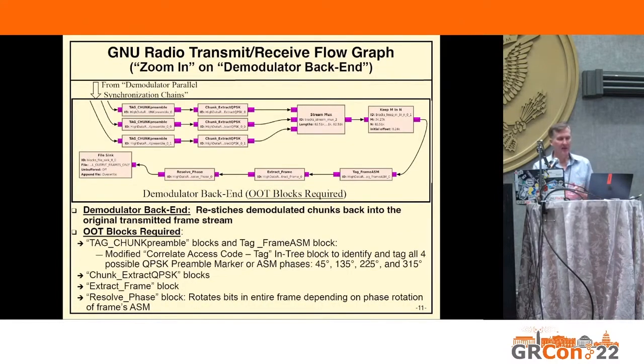Okay, this is the last part of the demodulator. This is the one that requires all the out-of-tree blocks or many of them. This is the back end. So basically, this part of the modem restitches those 3 parallel chains back together again into the original transmitted frame stream with no errors. These are the list of the blocks I use for out-of-tree. They're on the GitHub site also.